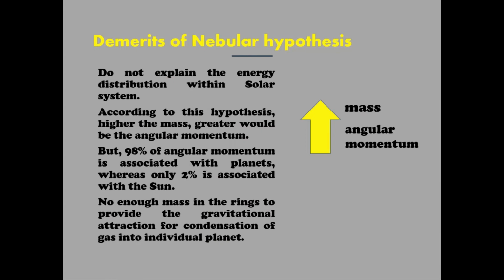So this hypothesis fails here. Also, there is not enough mass in the rings to provide gravitational attraction for condensation of gas into individual planets. So based on these factors, the Nebular Hypothesis failed.